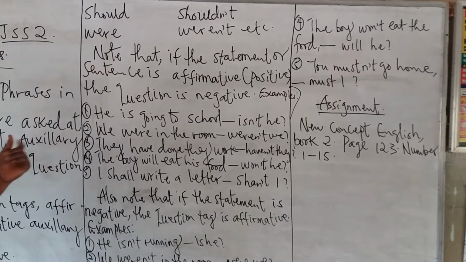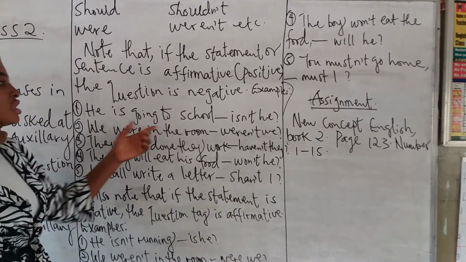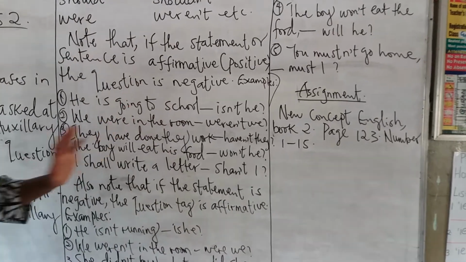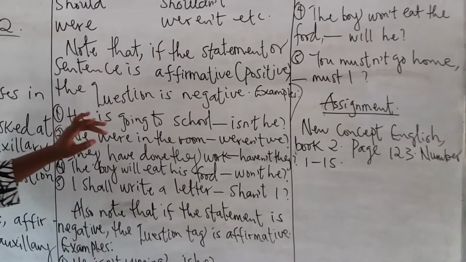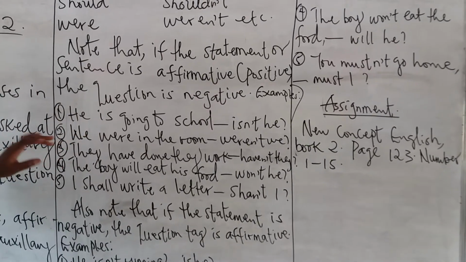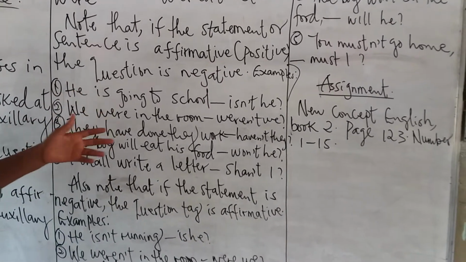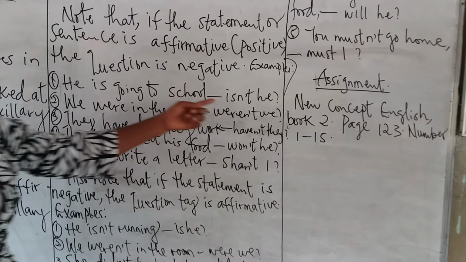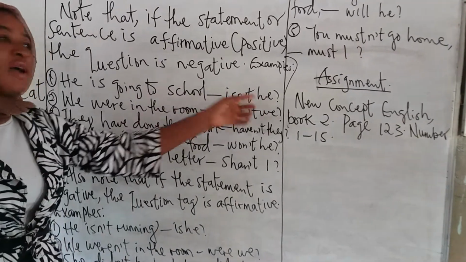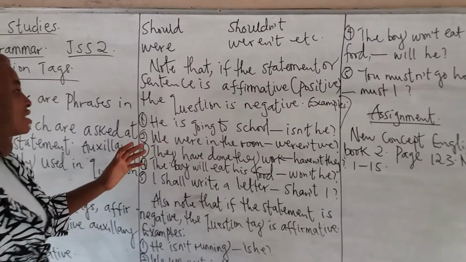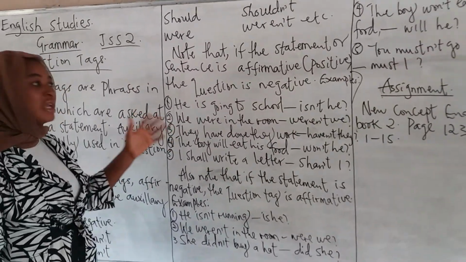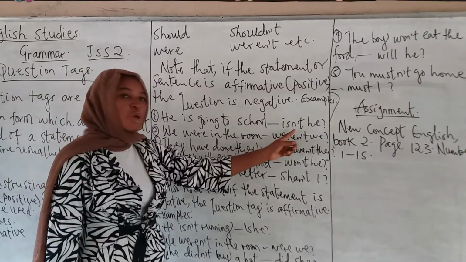Example 1 says, he is going to school. This is a positive sentence or statement. What's the question tag? Isn't he? Remember that if the sentence or statement is positive or affirmative, the question tag will be negative.